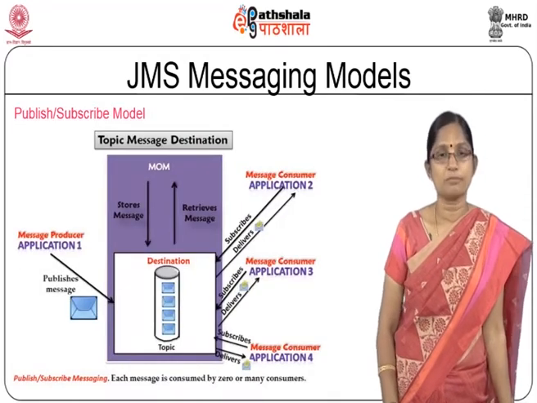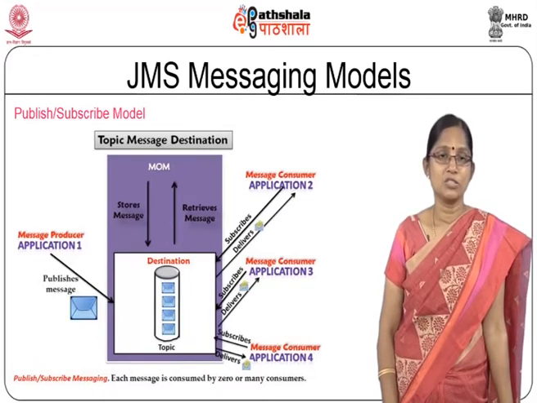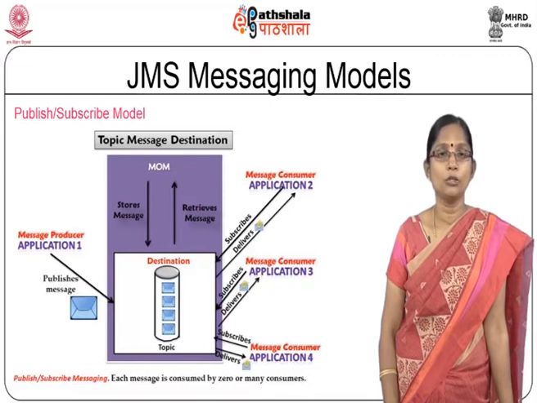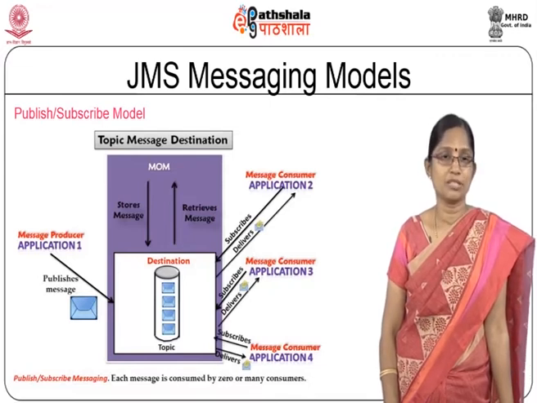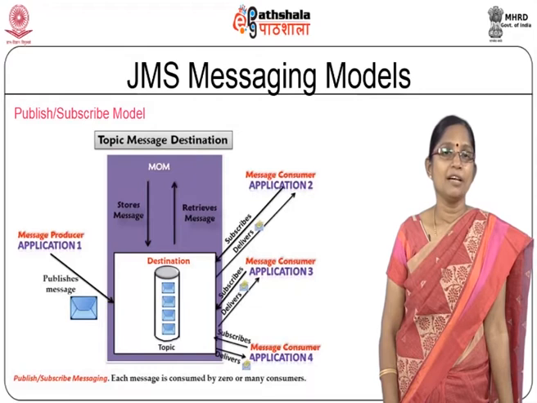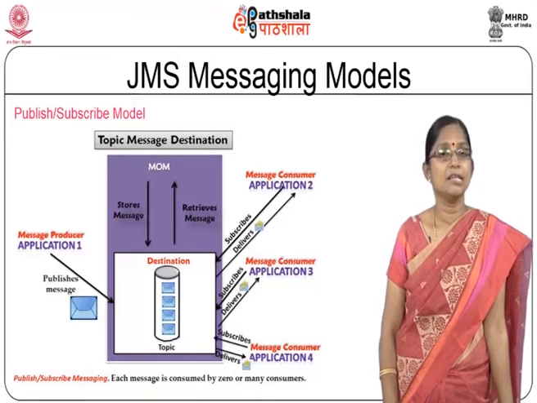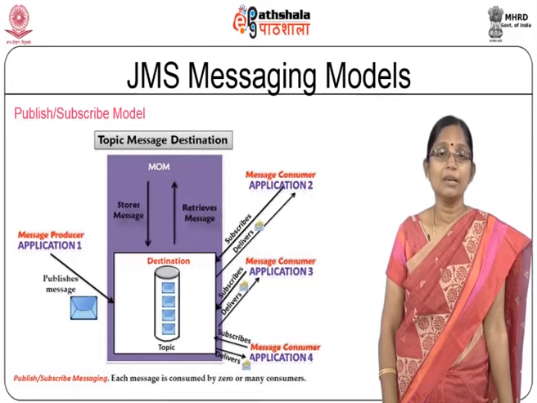Now you can go through that. This is the publish subscribe model. Again, in the message destination we are seeing a topic rather than a queue. So the topic is the representation of the destination, and the message provider is responsible for having this destination. One application is going to publish the message. Publishing the message is nothing but sending the message to the topic, but the message on the other side is consumed by many.